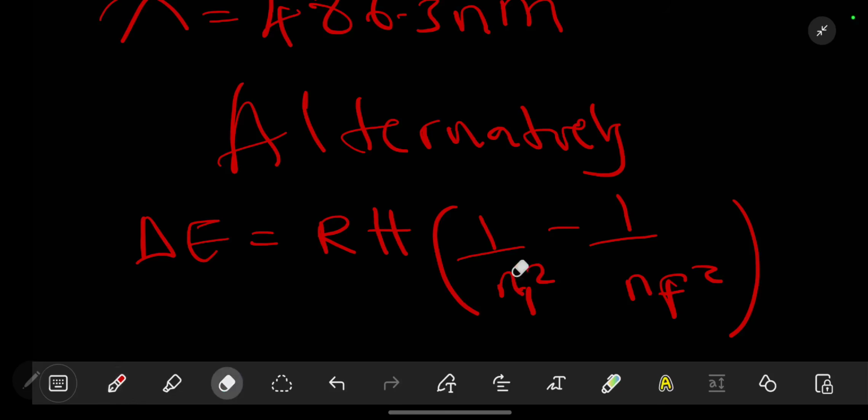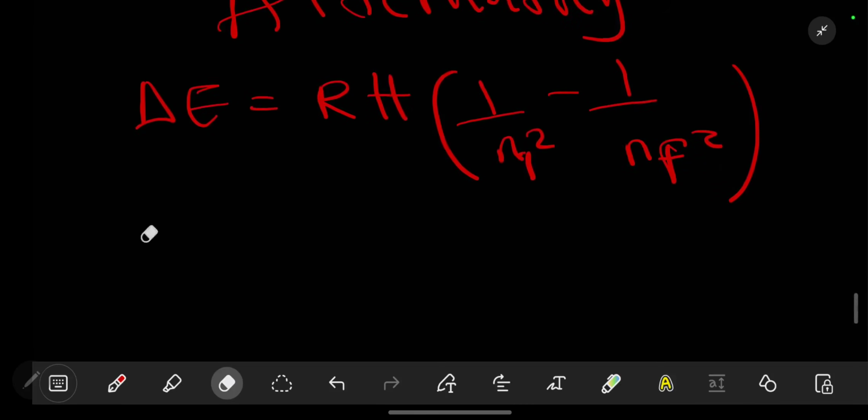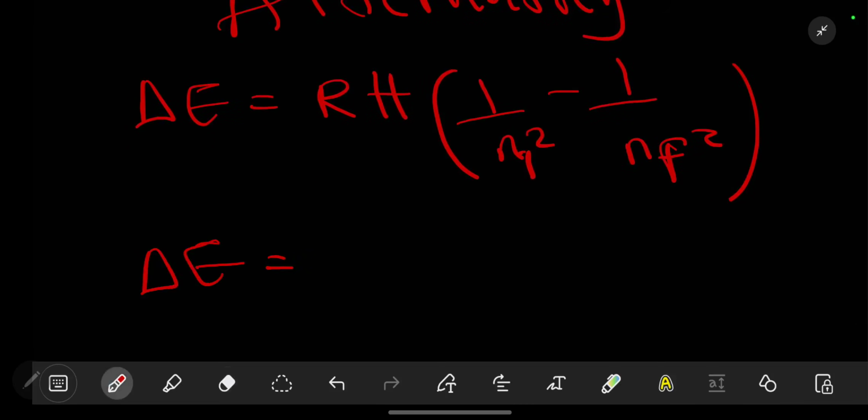But if you begin with the initial, you don't need to put a negative to the Rydberg's constant. So the change in the energy will be equal to, we have Rydberg's constant, remember, 2.18 times 10 to the power negative 18. We are just repeating this number.